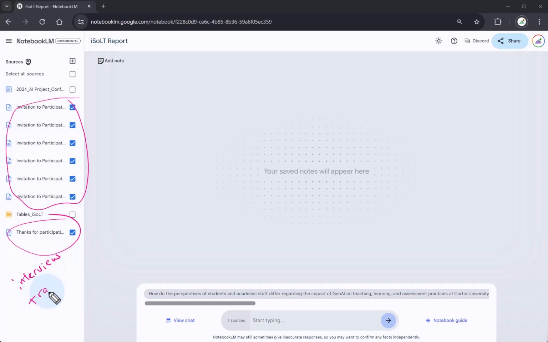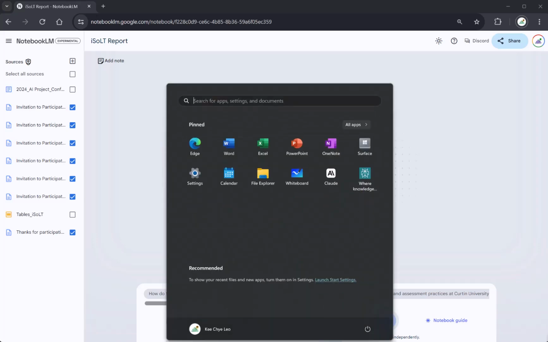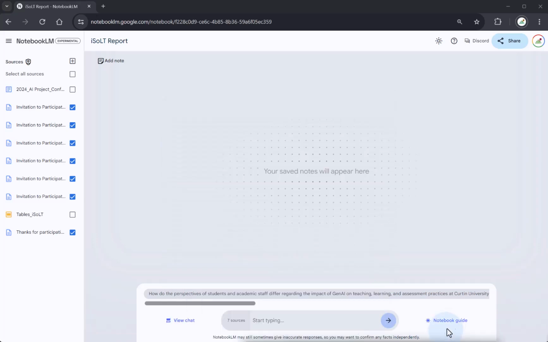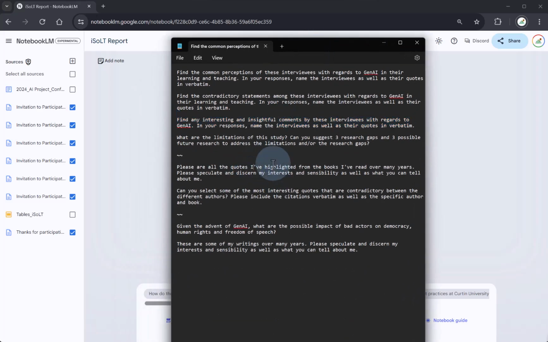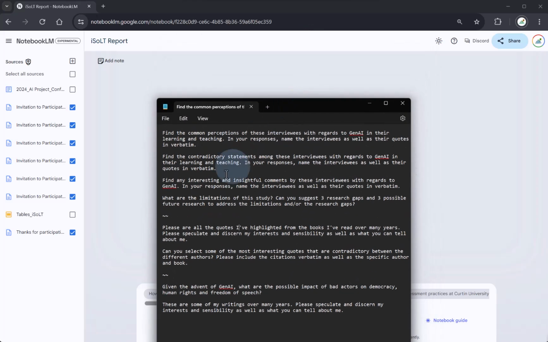So now what I'm going to use is to look into what information I can get from there. Because I already did the prompts, it will be much easier rather than to type out everything.